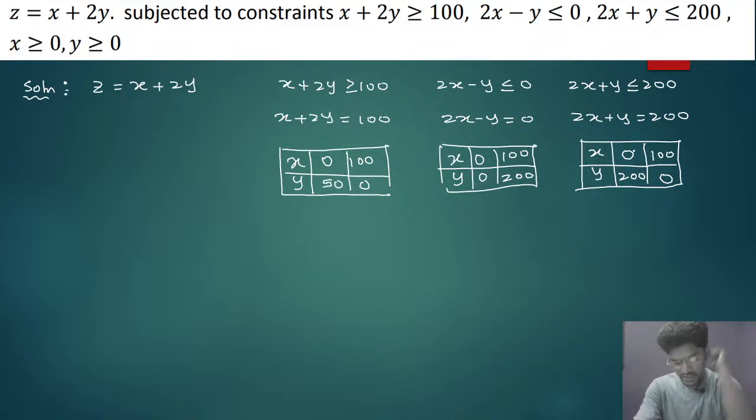That is, if x is 0, y is 50. If y is 0, x is 100. In the same way, if x is 0, y is 0 with the second equation. If I take x value as 100, y will be 200. In the third equation, if x is 0, y is 200. Therefore, if I take y as 0, x will be 100.